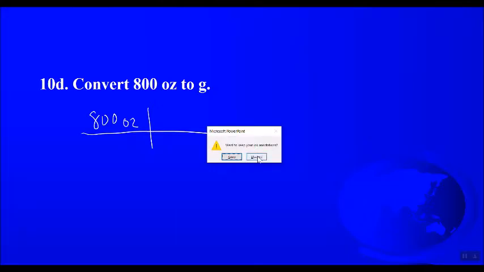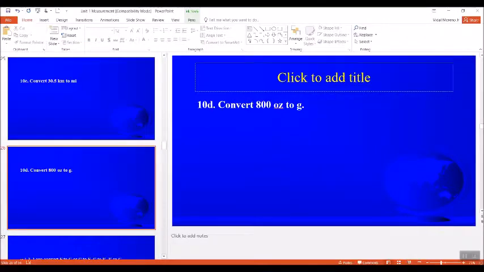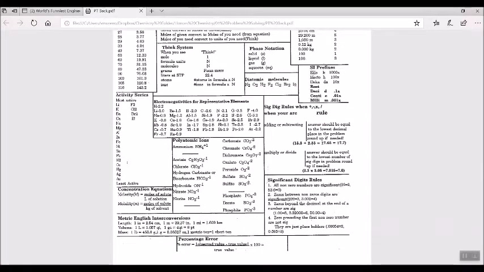All right, 800 ounces. Grams, I'm going to have to do the same thing. Ounces to grams.